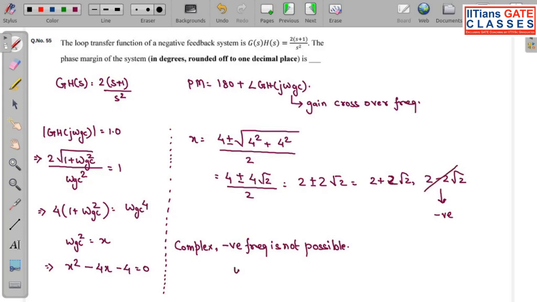So omega gc squared is equal to 2 plus 2 root 2, which implies omega gc equals the root of (2 plus 2 root 2) radians per second. Let me calculate that value.